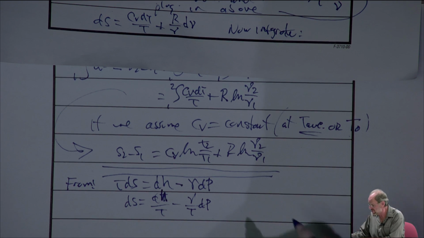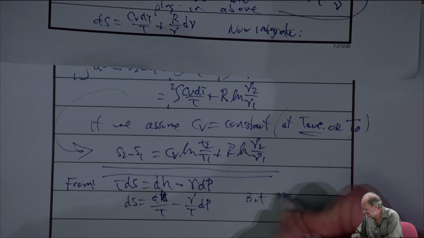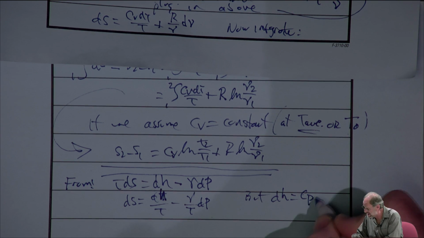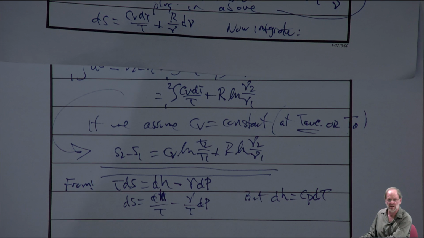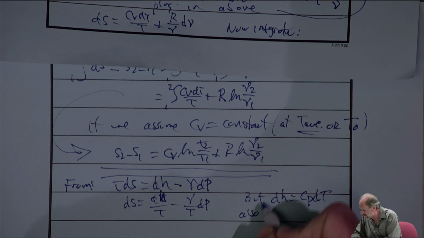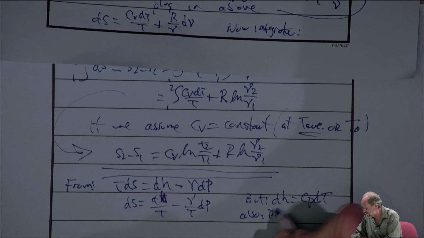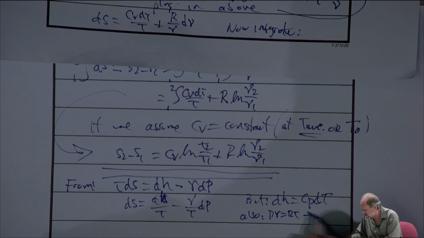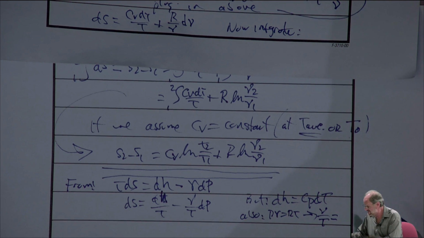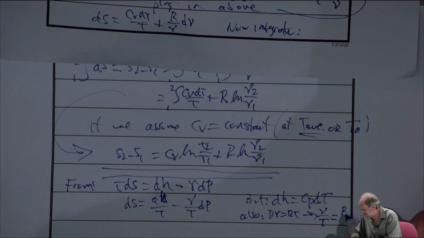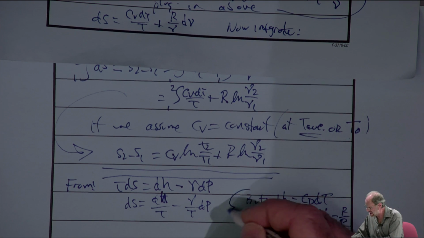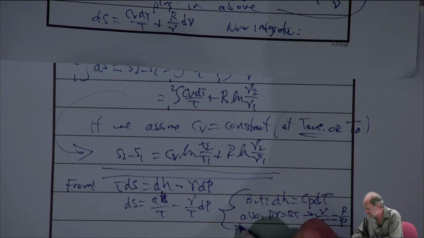We also want to note that an enthalpy change is Cp times the temperature change, right? So dH equals Cp dT. And then also, we want to remember that PV equals RT, and as such, V over T is going to equal R over P. They're very similar to what we had before, and we'll just plug those in.